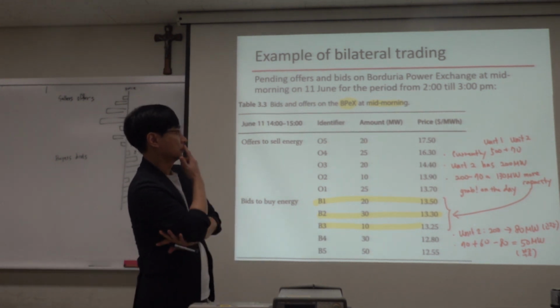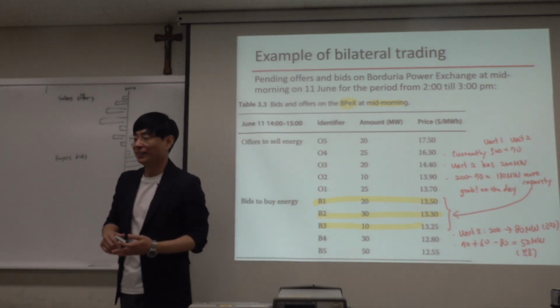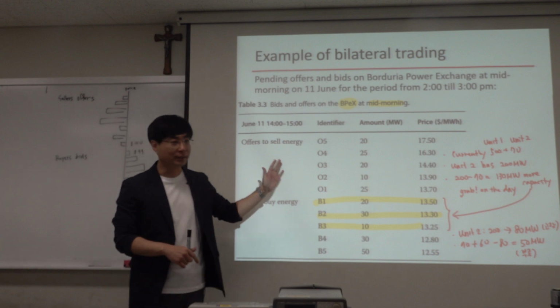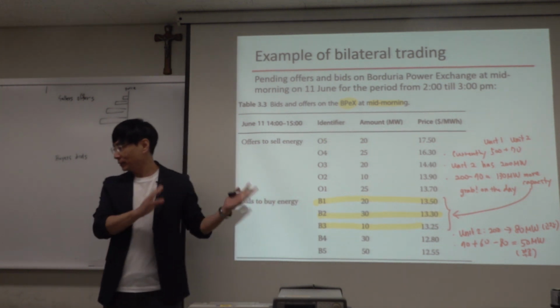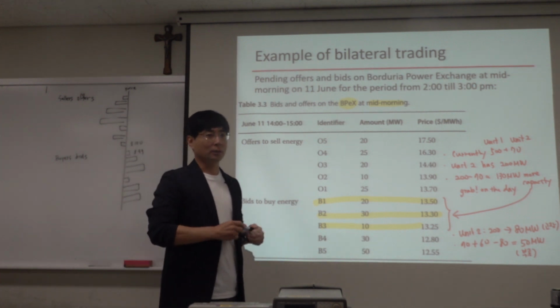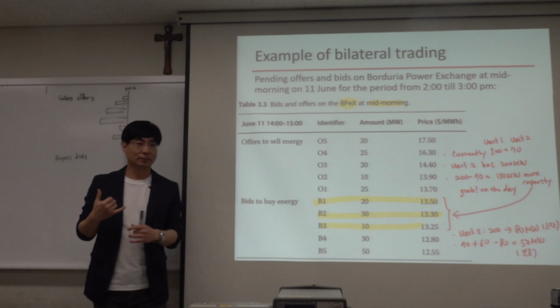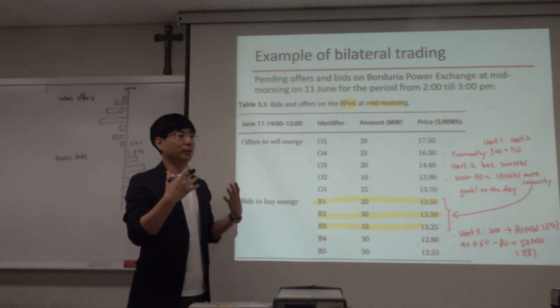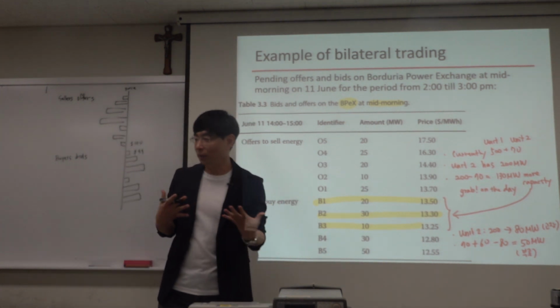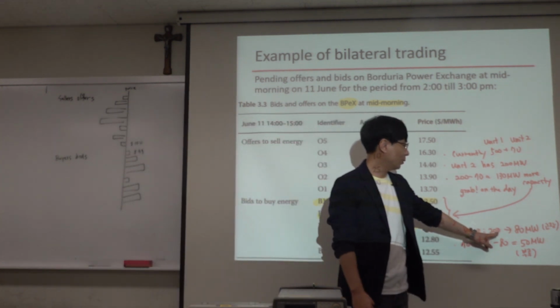So she was happy before noon, but this is a mechanical system. Breakdown can happen, and she got a phone call from the engineer who is taking care of unit B. Hey, unit B has some problem. The maximum capacity is no longer 200 megawatt.